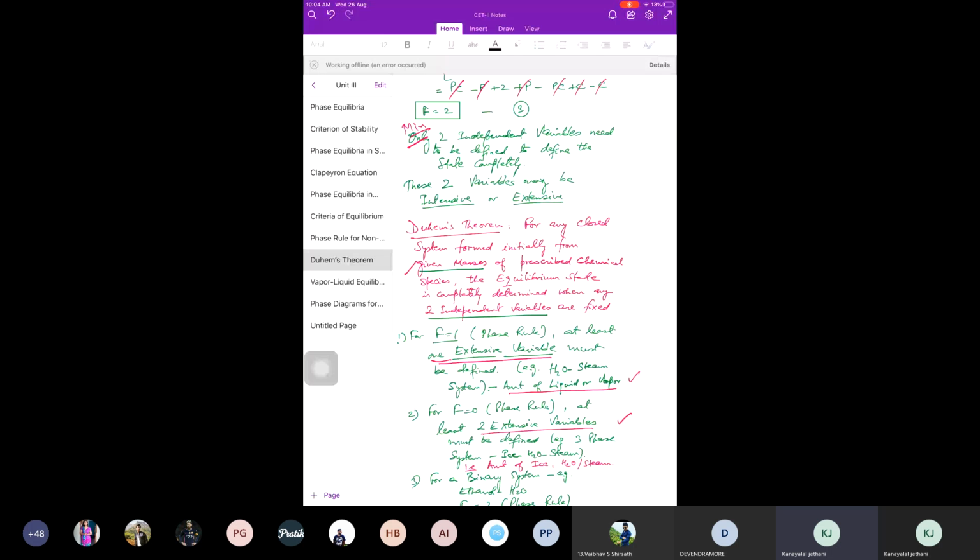But if I want to define the complete state, including intensive and extensive, I need minimum of 2 variables to be defined. तो एक और वेरिएबल डिफाइन करना पड़ेगा, दैट कुड बी द अमाउंट ऑफ वाटर और वेपर. सो देन F इज इक्वल टू 2 हो जाएगा.